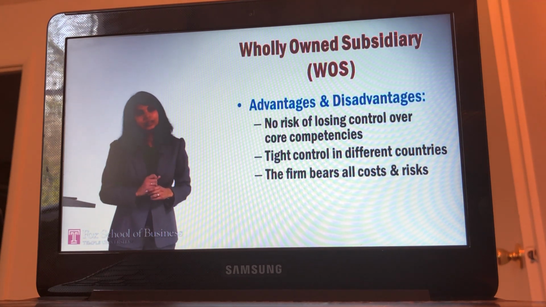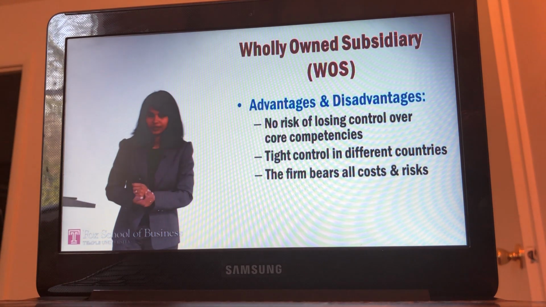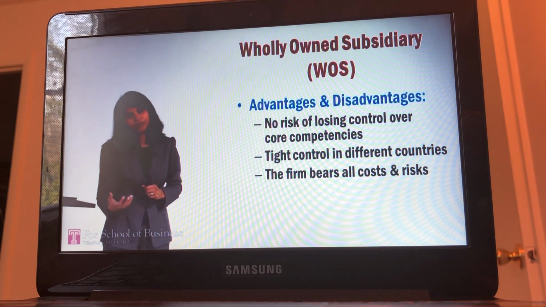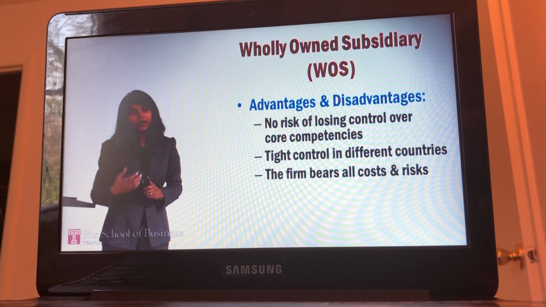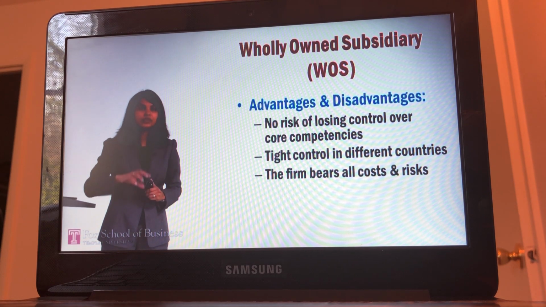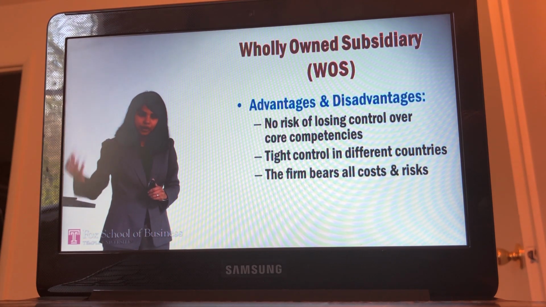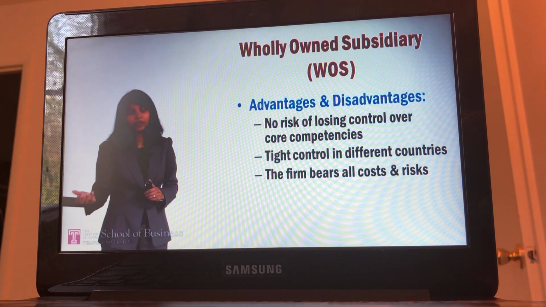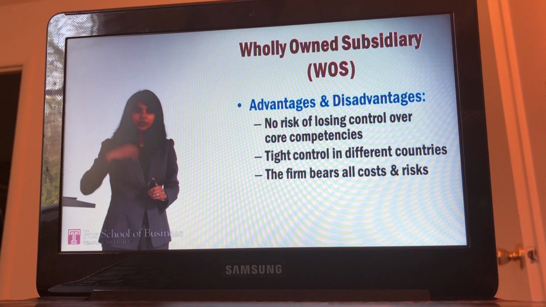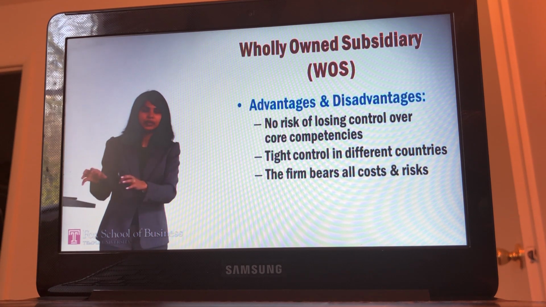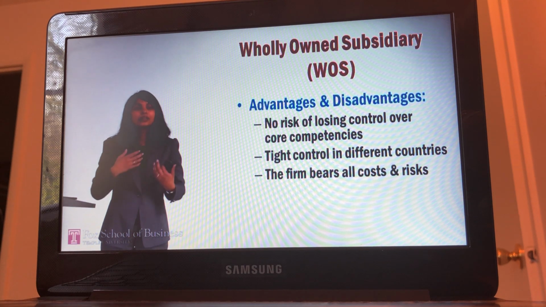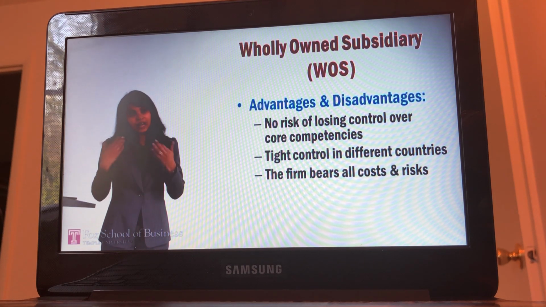And finally, moving on to wholly owned subsidiaries. Wholly owned subsidiaries are the most expensive form of foreign entry, because essentially what it means is you are going and establishing your own subsidiary in that foreign market, all by yourself, without anyone's help. So all the money and all the resources that are going into building that subsidiary in that foreign market are all yours, and hence the risks are the highest.